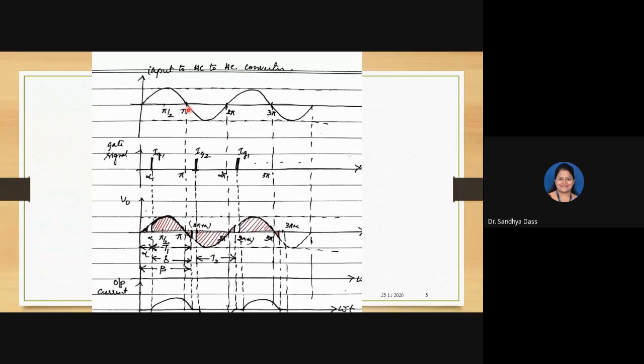According to the nature of the thyristor, whenever the input signal crosses pi, that is when it crosses 0, the input signal goes negative. That means thyristor T1 will be reverse biased, and it should naturally get commutated, meaning turned off.